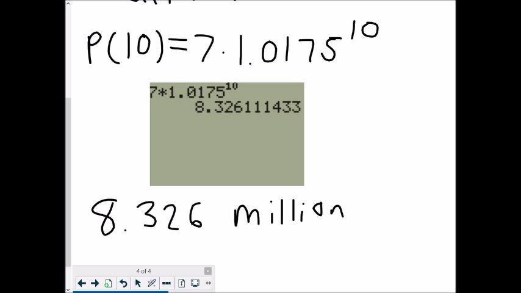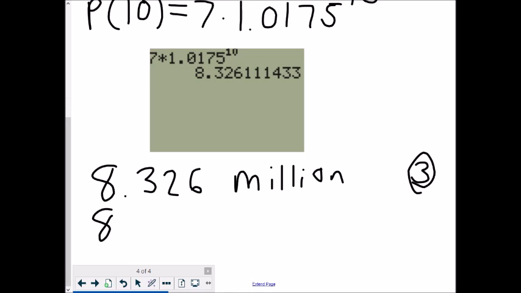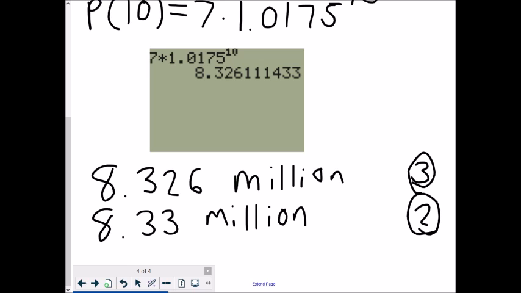And in the actual question, it'll tell you to round to so many decimal places. This is 3 decimal places. If it wanted you to round to 2, 8.33 million. Generally, it will either be rounded to 2 or 3 decimal places. Sometimes they'll ask you to round to the nearest whole number.